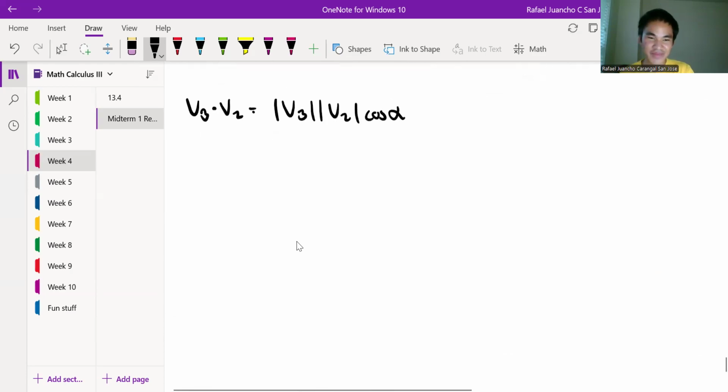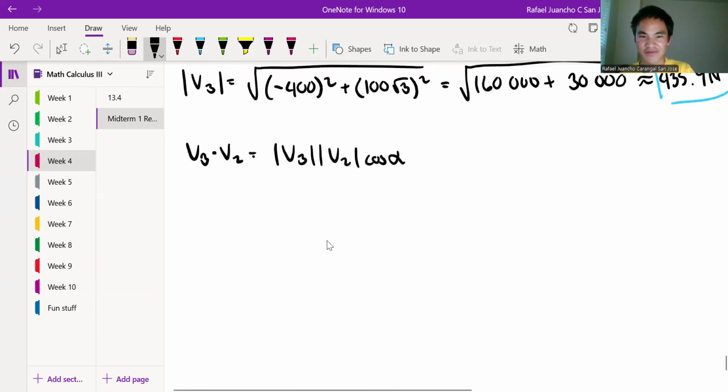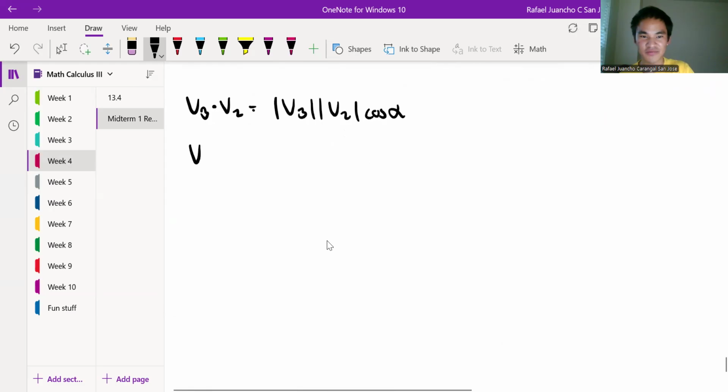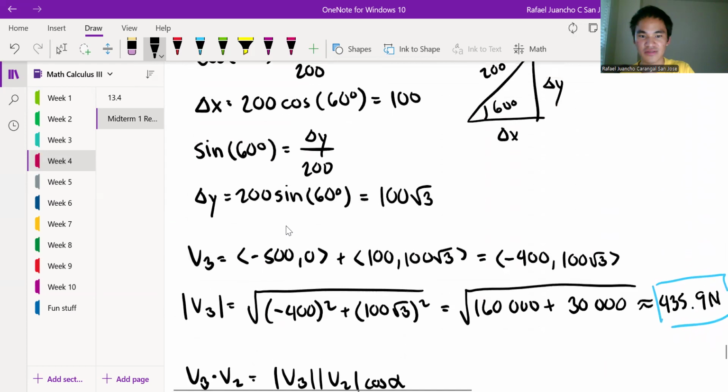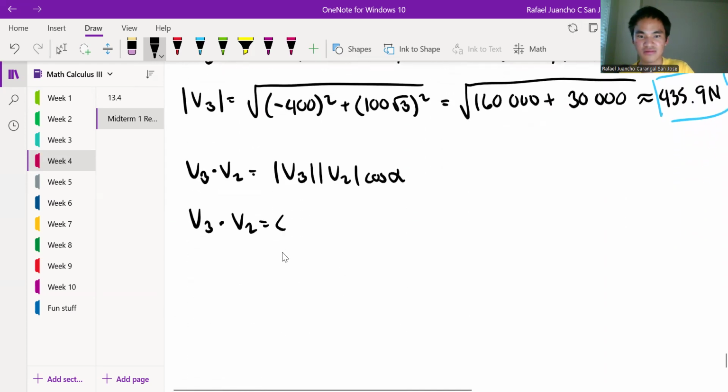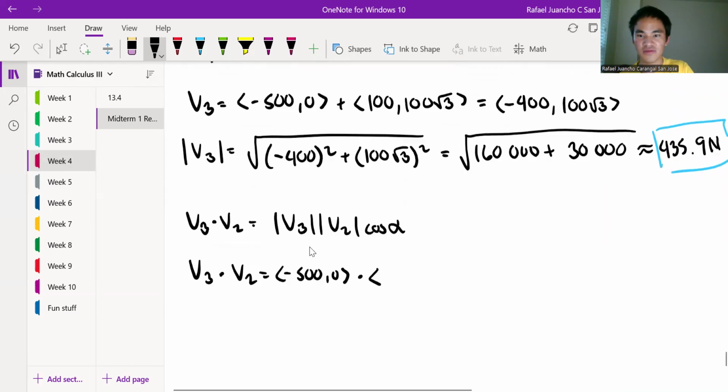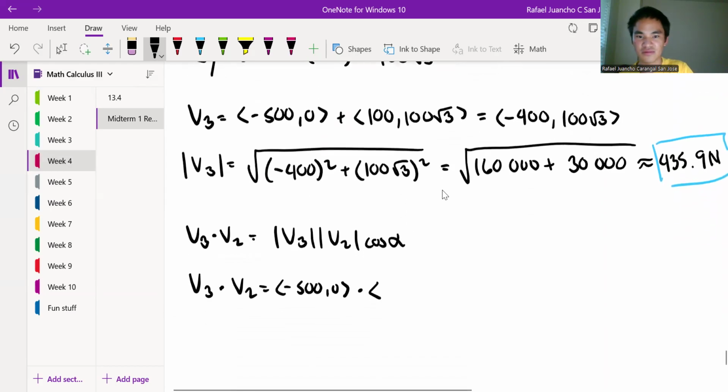Okay, so we have V3 and V2. Let's try to compute that. Well, that's just V3, this vector here, dot product of V2 vector. So this thing here. Whew, still a messy thing, but doesn't matter.